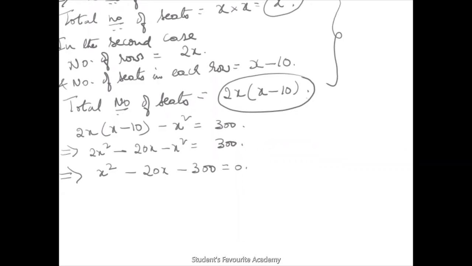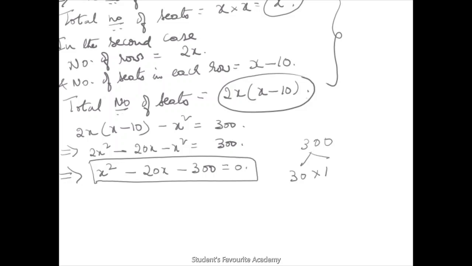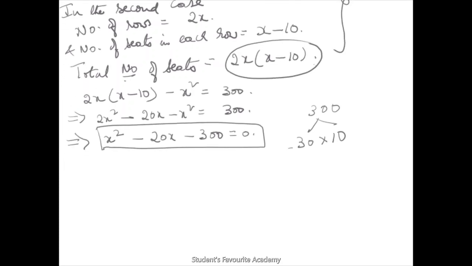So the equation is x square minus 20x minus 300 is equal to 0. Now 300, the factors are 30 into 10. So minus 30 plus 10 will give you minus 20, and minus 30 into 10 will give you minus 300.